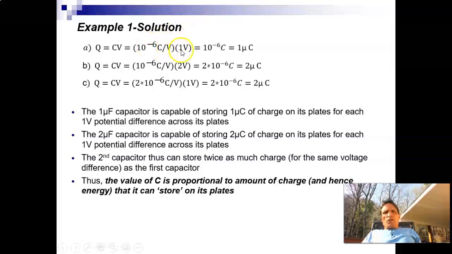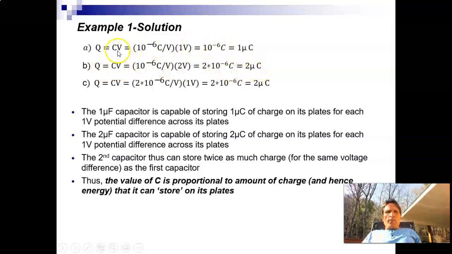And if we charge it to 1 volt, we have 10 to the negative 6 coulombs on the plates, and that's 1 microcoulomb. Okay. Now suppose we double the voltage. Well, you can see in this equation, if you double V, you're going to double Q. And in fact, that's the truth. You double it, you get 2 microcoulombs.